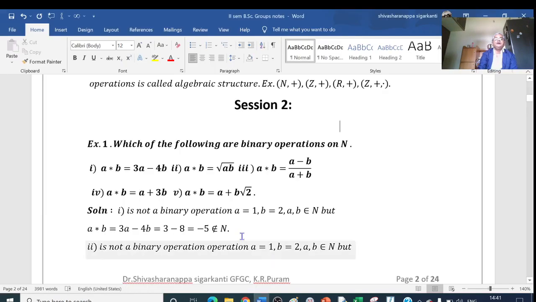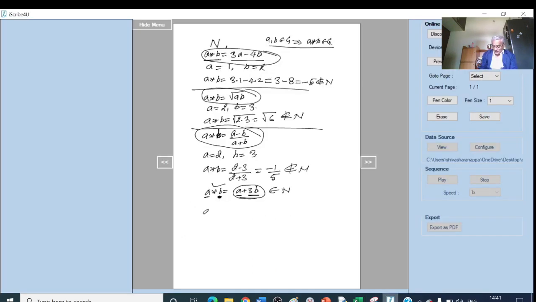Next, fifth one, A star B is A plus B into root 2. Here again this is not a binary operation.